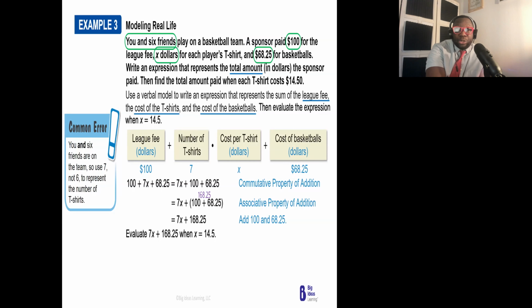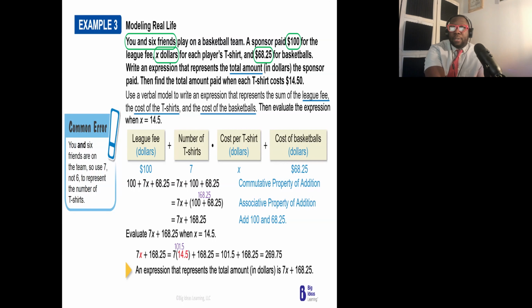And if X is equal to $14.50, well, we can now multiply 7 times $14.50 to figure out the total cost for the t-shirts and all the fees and the basketballs. And that's going to give us a grand total of $269.75. So our expression that would represent that total amount would be 7 times X plus 168.25.